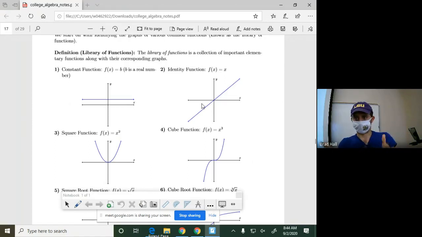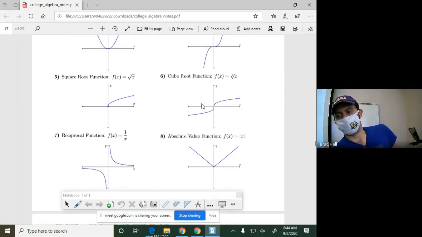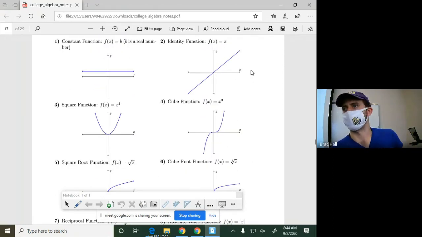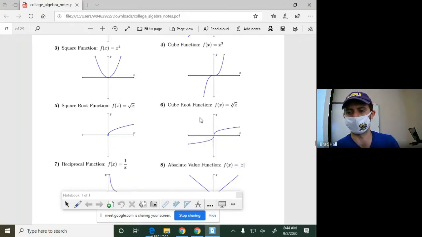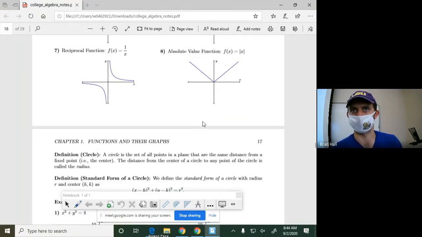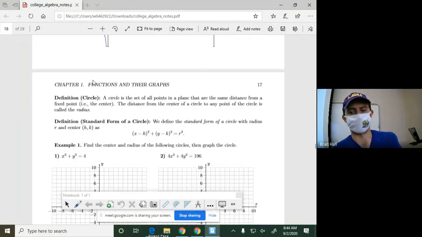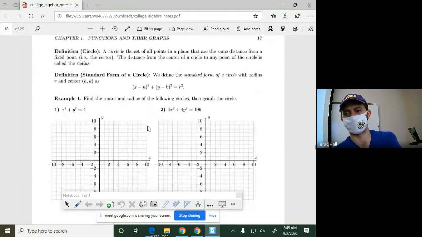So this section's pretty straightforward. There's nothing to really talk about. If you can match shapes to words, then you'll knock that homework out in like 5 minutes, I promise.